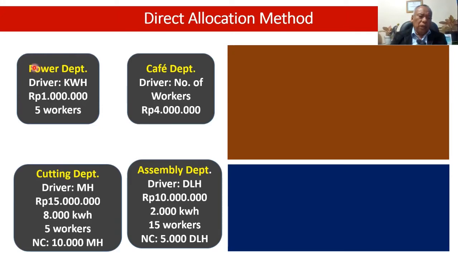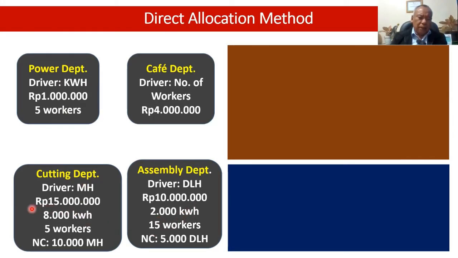Now we will allocate the power department cost to the cutting and assembly departments, because the driver is kilowatt hours. So we need to know the kilowatt hours consumed by the cutting department and by the assembly department.